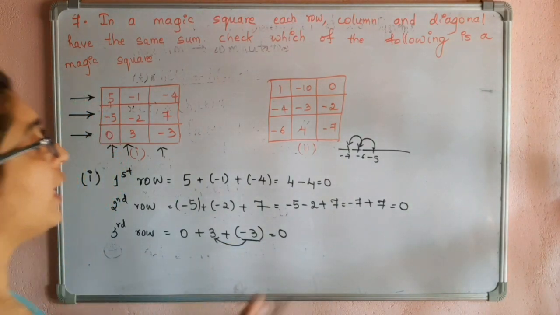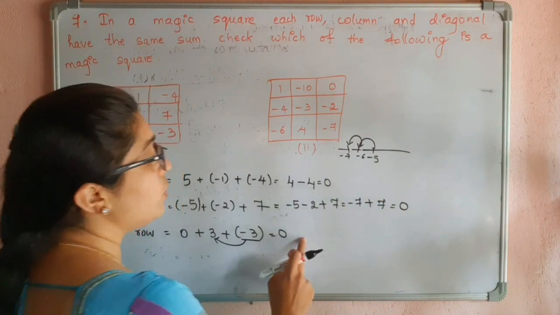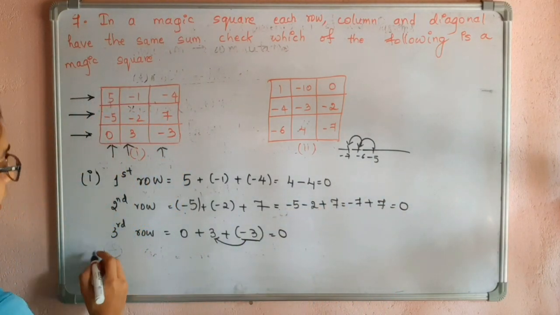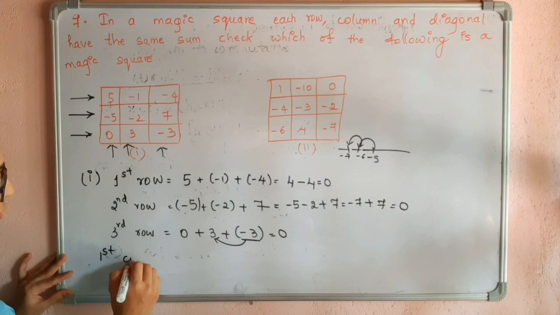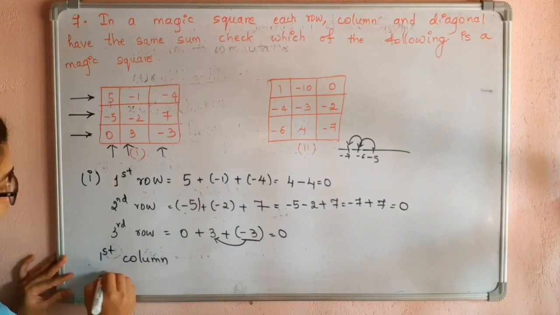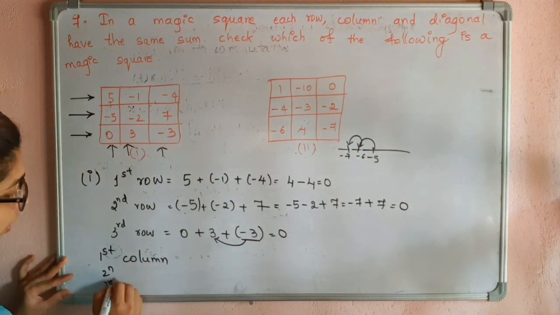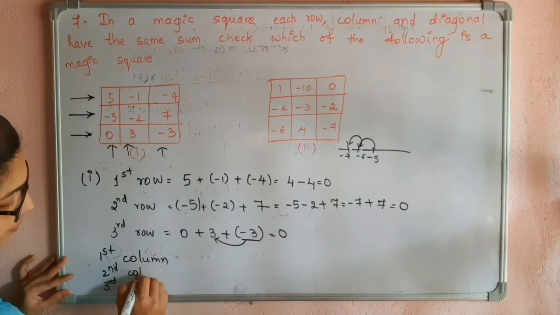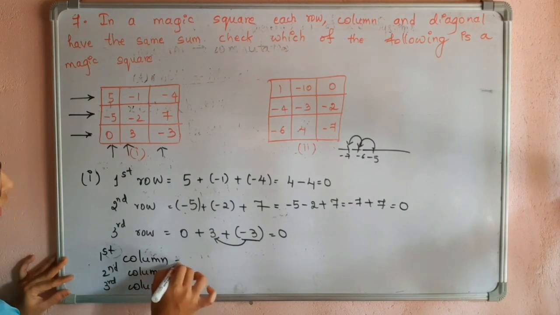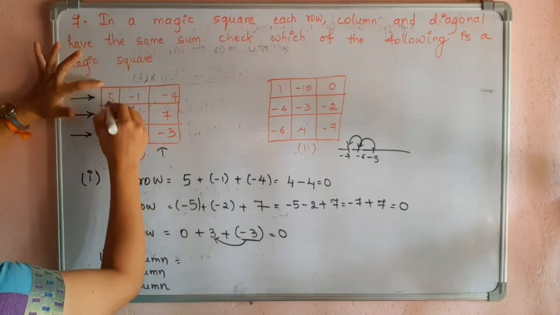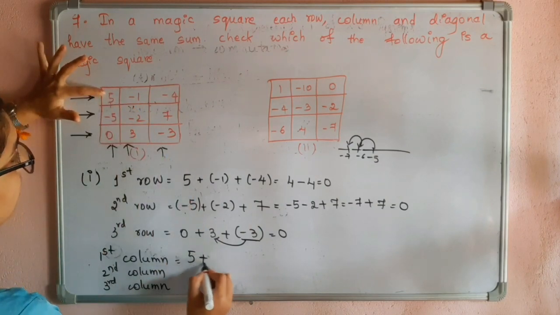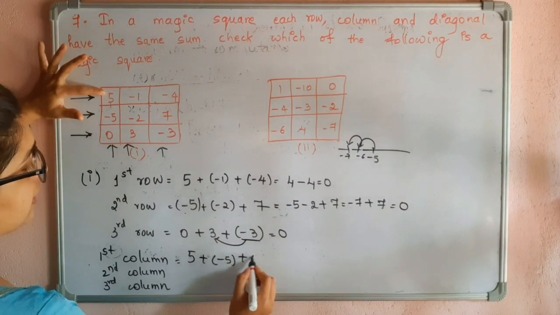So you are getting the sum of the rows as 0. Next let us see the first column, second column, third column. The first column is this one: 5 plus minus 5 plus 0.